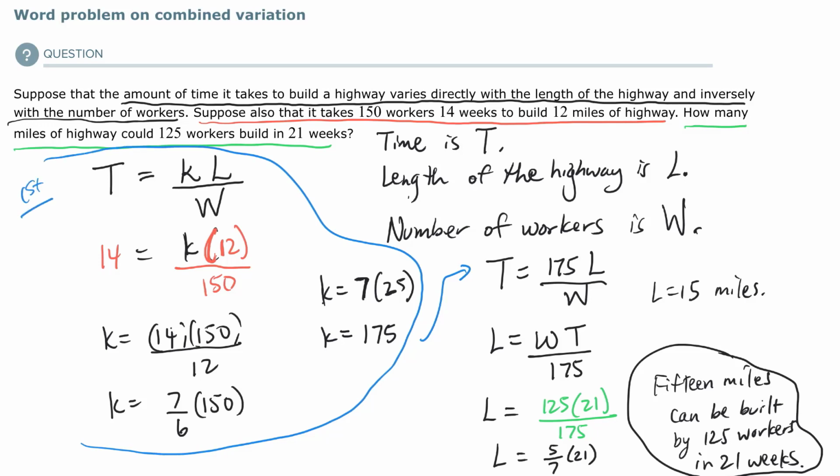The second part is once you get K, you need to establish your relationship again. And the third part is make sure you answer the new question. The new question here is actually saying find the length of the highway. So this is the third step right here.